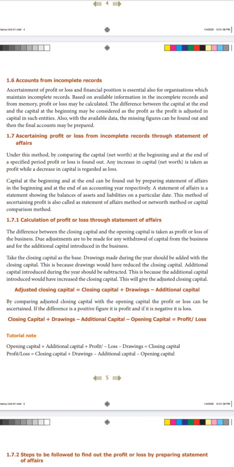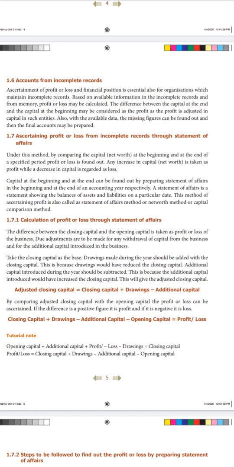And why are we adding drawings? Since drawings reduce the closing capital, we are adding them back. Since we are doing the reverse calculation, as in maths, subtractions will be added and additions will be subtracted. The same thing is followed here also.